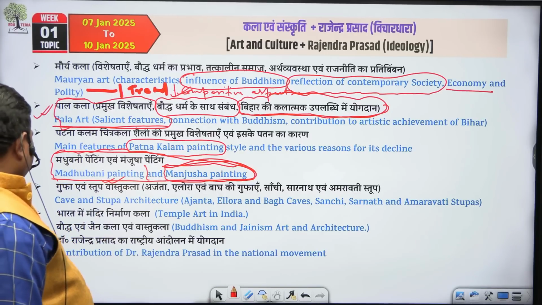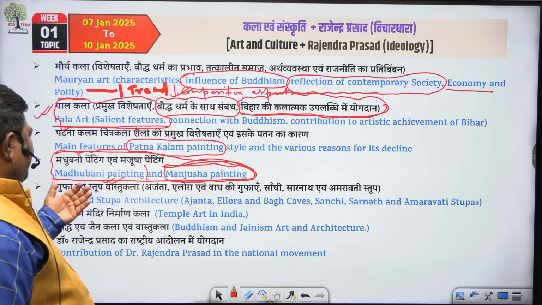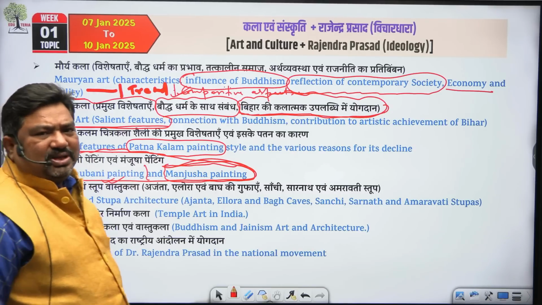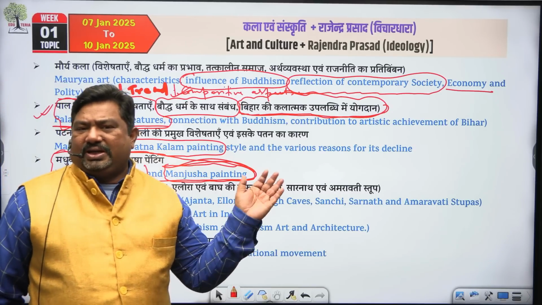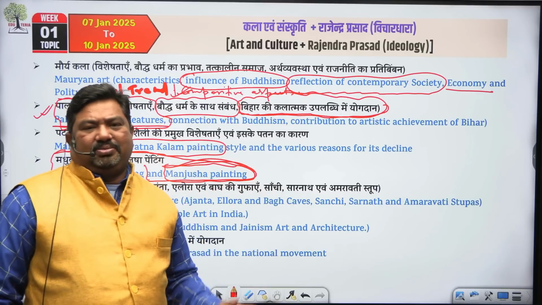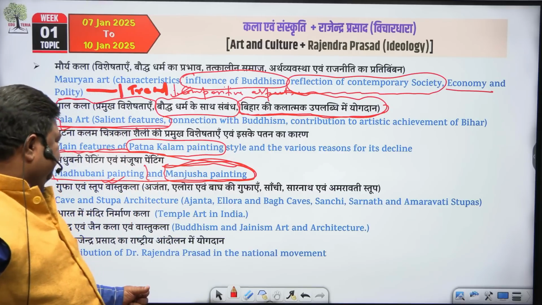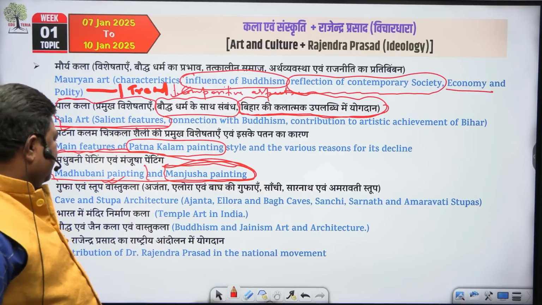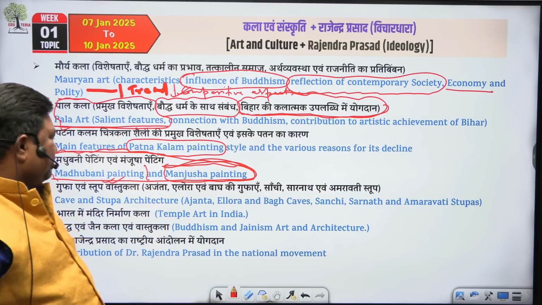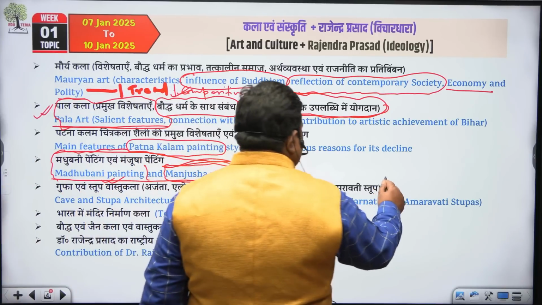Now the question comes in place, cave and stupa art. Recently you might have seen they have asked about Eastern India caves like Bihar, Odisha and others, right? But here the syllabus is Ajanta, Ellora and Bagh, but we will also study about the Barabar caves.